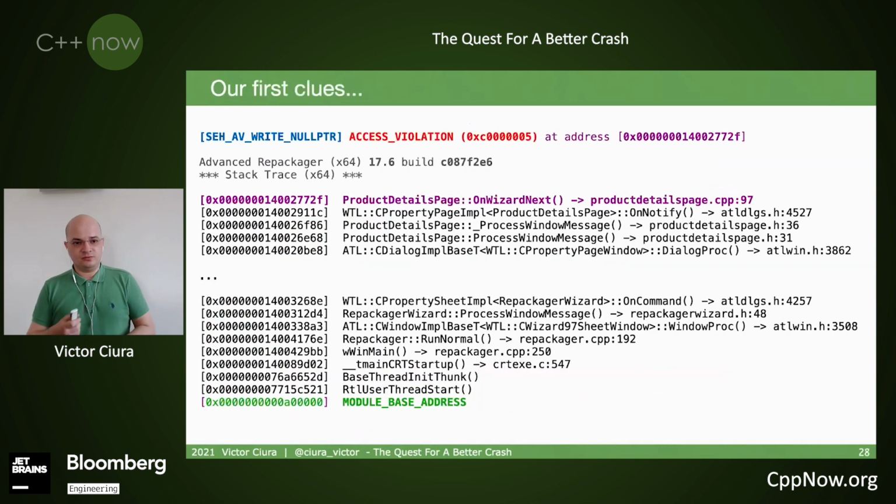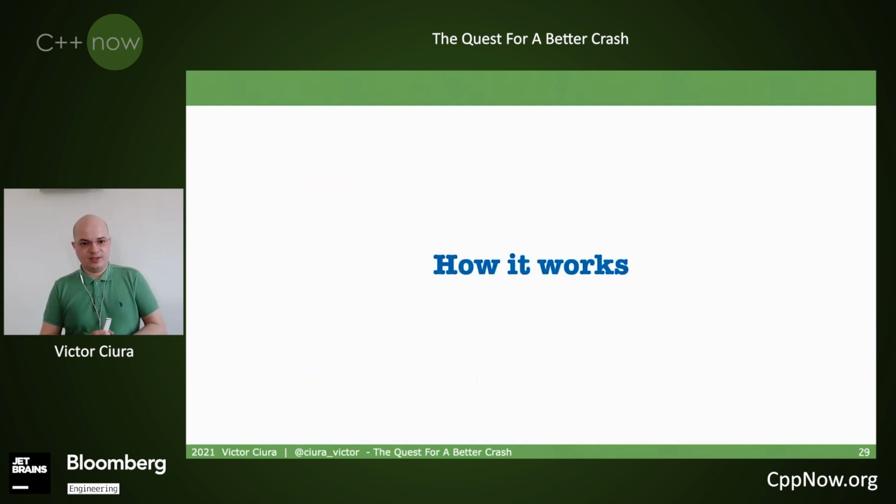So you can dig in right away. We have our first clues there. Like I told you, for example, here we have the wizard next function, and we can dig in and immediately see what null pointer access was on that particular line number, 97 in this example.